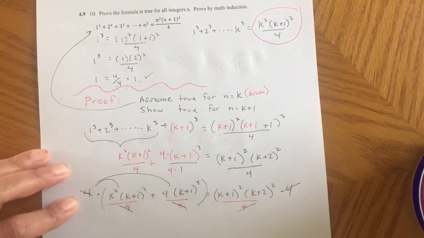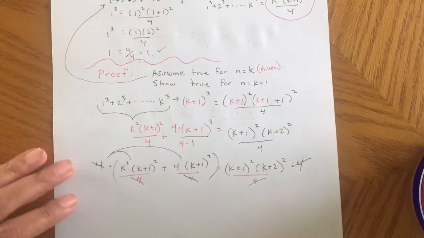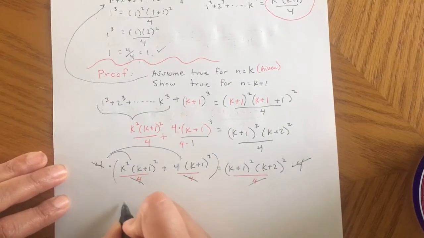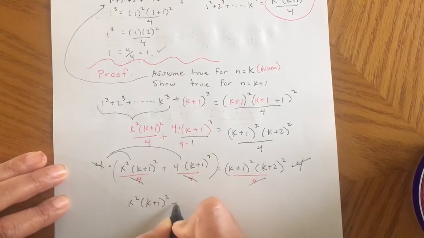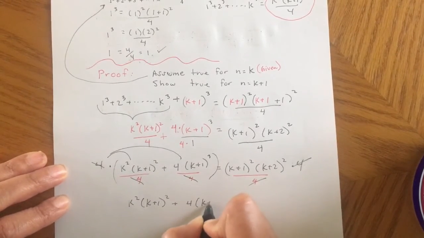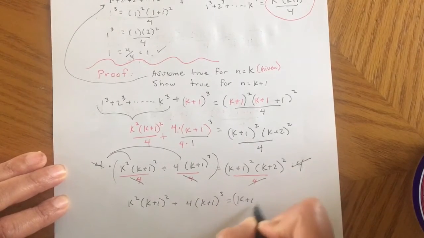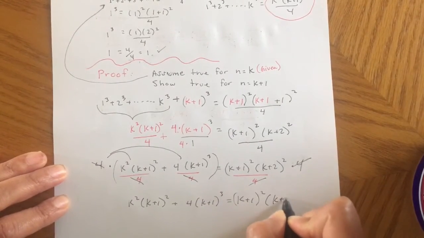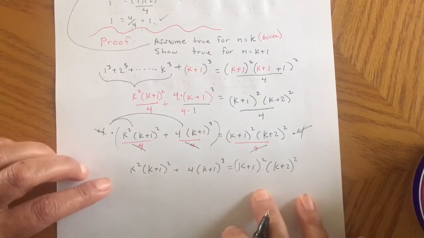So those 4s I can cancel out just by multiplying a 4 on both sides. Okay, so now I'm left with, how do I show that both of these are the same?